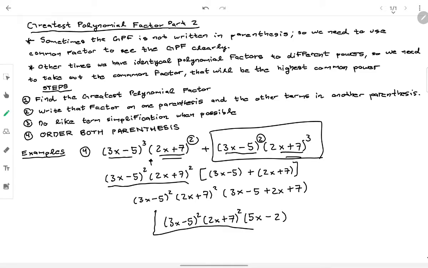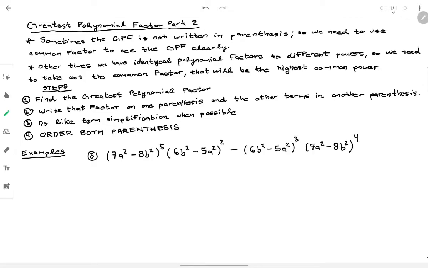So this is going to be our actual final answer. As we saw, it's very similar. It's only using greatest polynomial factor to obtain what is common first, and on the other parentheses, what is not common, do like term simplification when possible, and order our parentheses. So let's see another example.